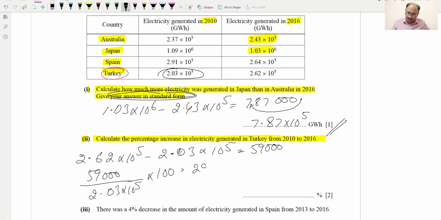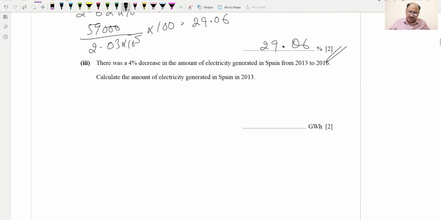So we can write 29.06, so answer will be 29.06%. Hopefully you understand this.